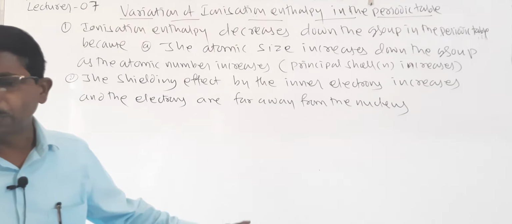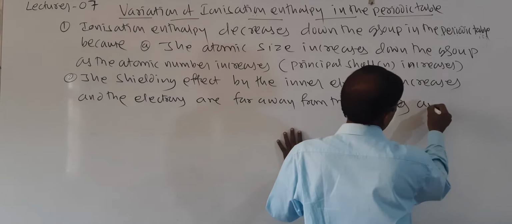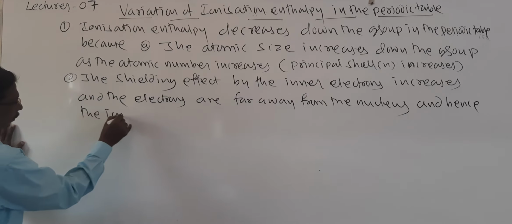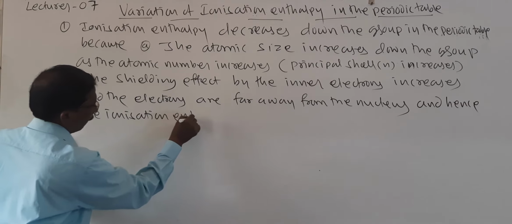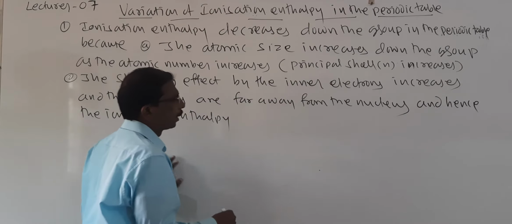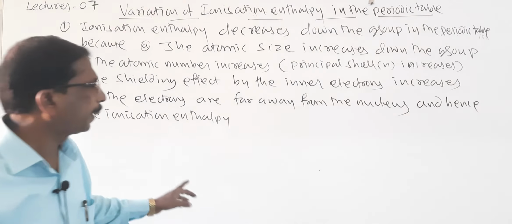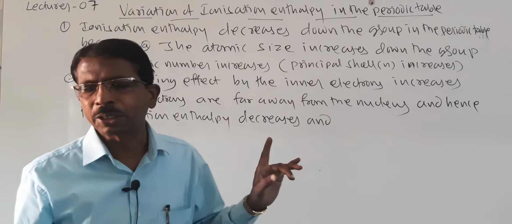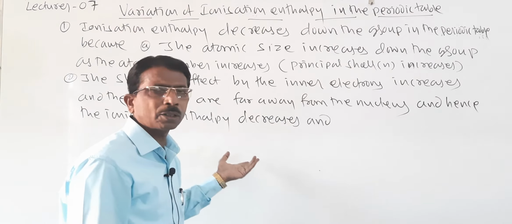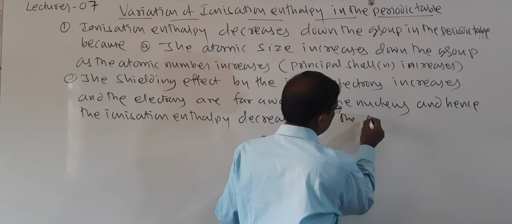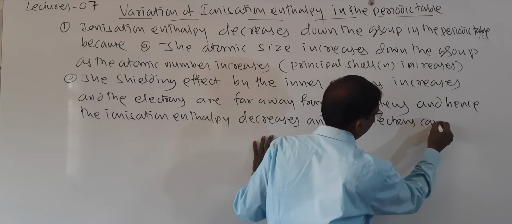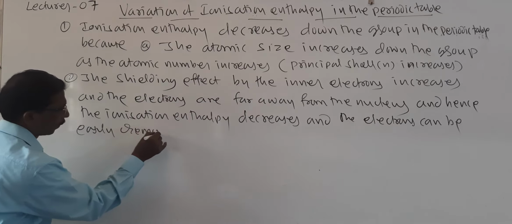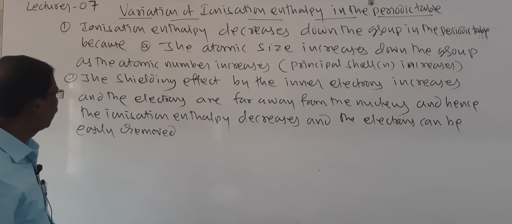So, being far away from the nucleus, the ionization enthalpy decreases, and it requires less energy, and the electron can be easily removed.